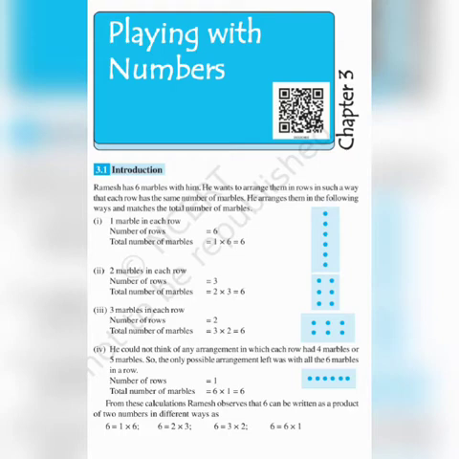Now I hope you all have taken page number 46. In the introduction part, they have arranged the numbers using rows and columns. First, you can see one marble in each row. So the number of rows is 6.